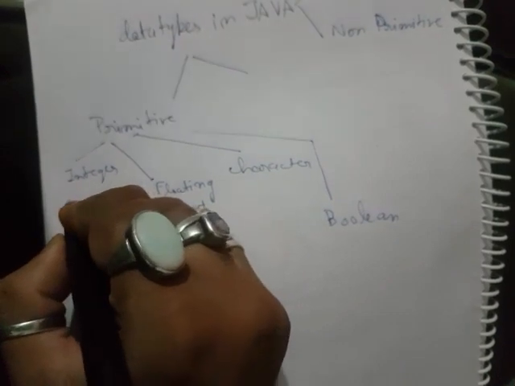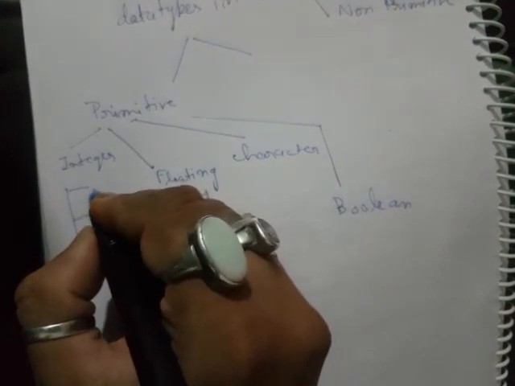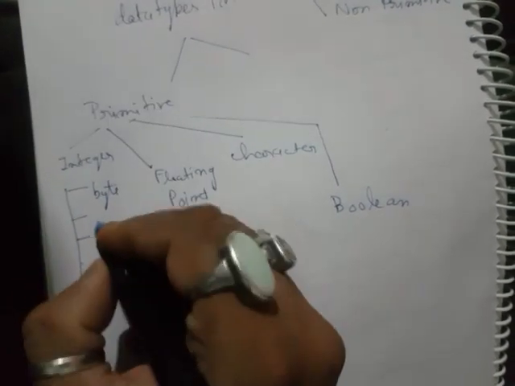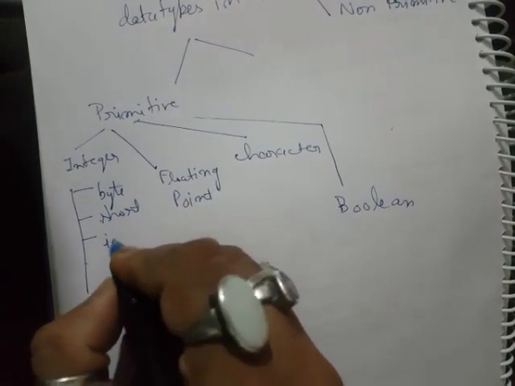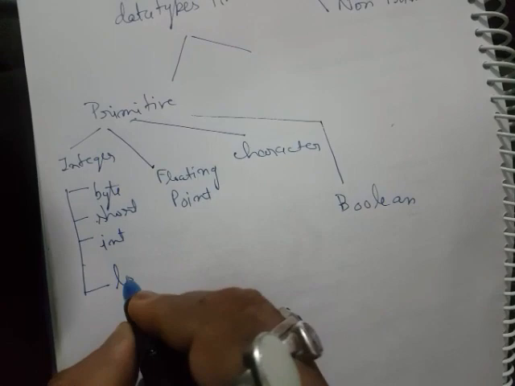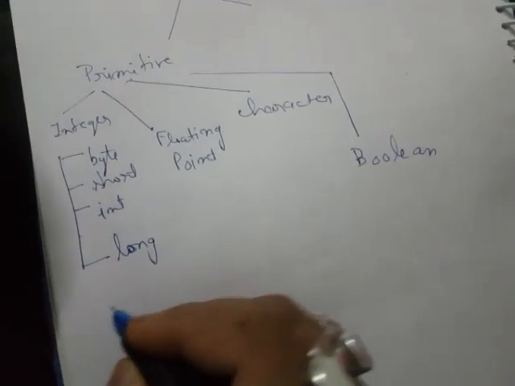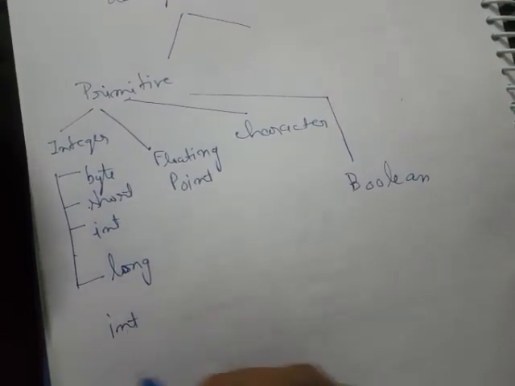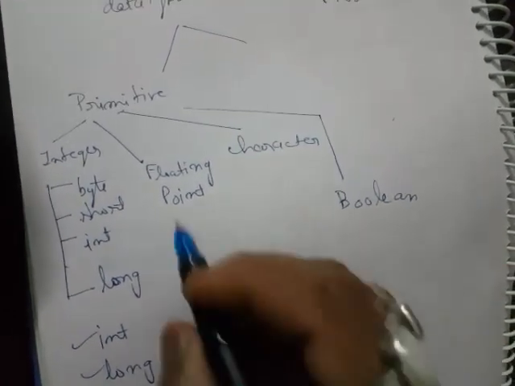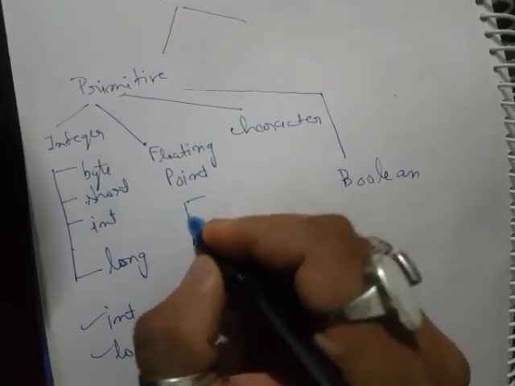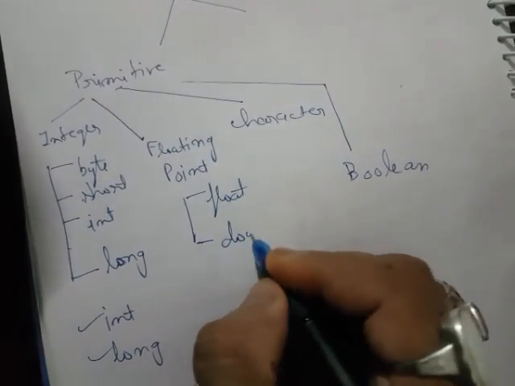Now what are these data types? The integer family has got byte, short, int, long. Very frequently we use int and long for the integers. Alright. In the floating point type, we have got float and double.